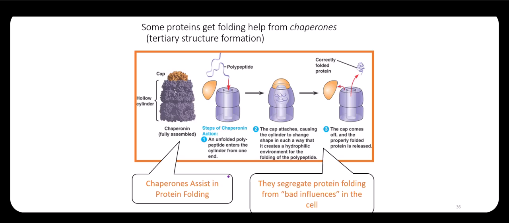Chaperones assist primarily with tertiary structure formation. So they're another protein that assists with the protein folding. We don't make the whole thing, then finish, then go and fold it. We fold it as we go, and chaperones assist in doing that.